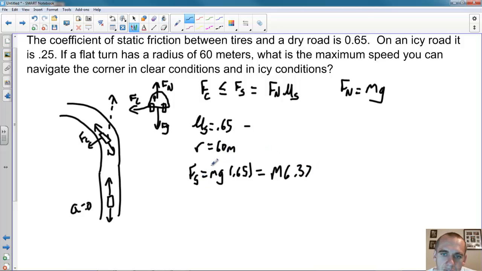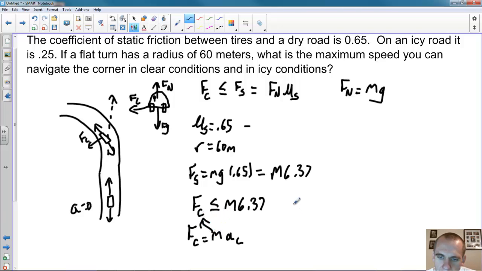Since Fc is less than or equal to the static frictional force, the centripetal force around that corner is less than or equal to m times 6.37. But we also know that centripetal force is equal to mass times centripetal acceleration. So I'm going to put that in for Fc.